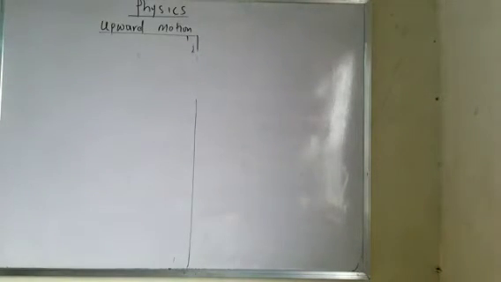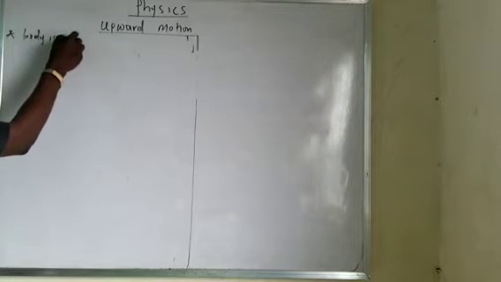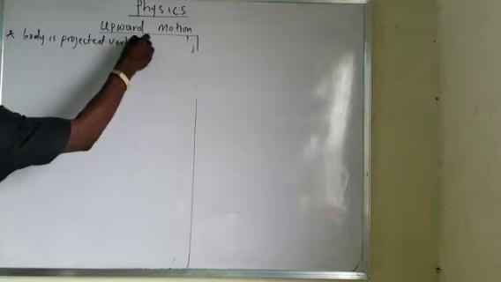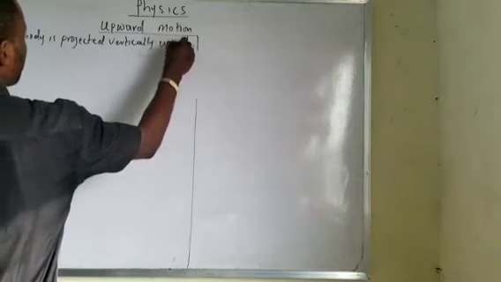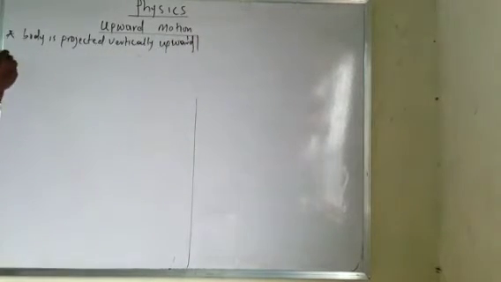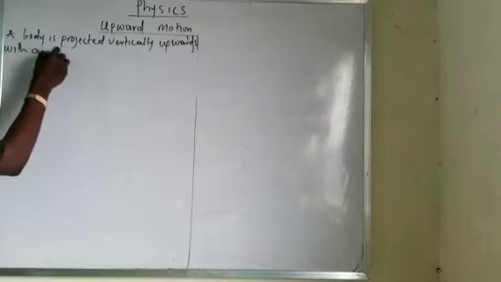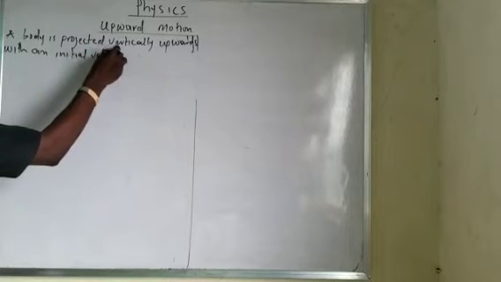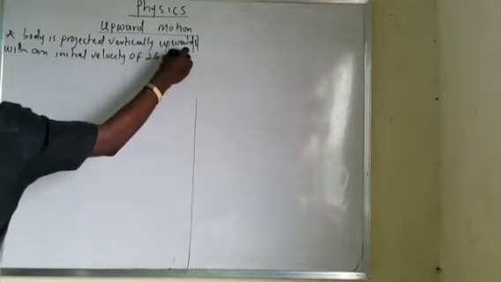Okay, I have this question. A body is projected vertically upwards with an initial velocity of 26 meters per second.